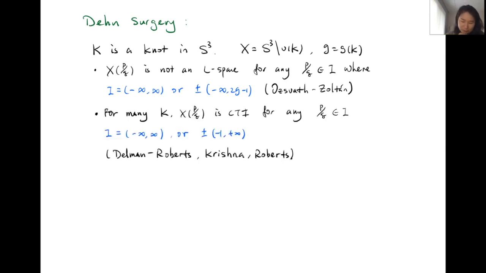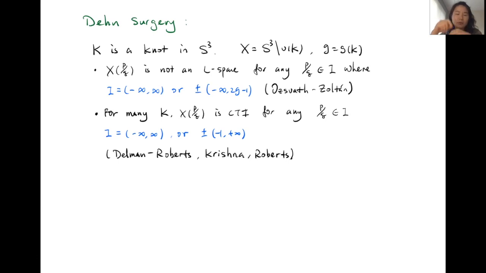And a similar type of result has also been established for a large class of knots in terms of CTF. And here, let me just give you some examples. In the work by Delman and Roberts, they showed that if K is an alternating knot or a non-L space Montesinos knot, then for any Dehn filling, you are going to have CTF.